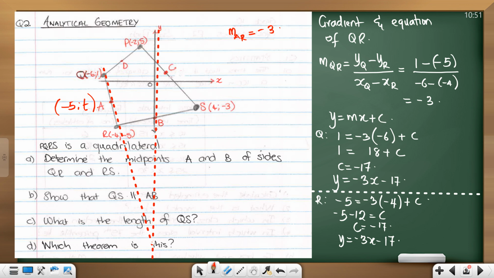For this line already, QR, do you notice on the right-hand side, what will we be getting? The equation of QR. What's that equation? Y equals to what? Minus 3x minus 17. Because we already know that line. What is my y? t.